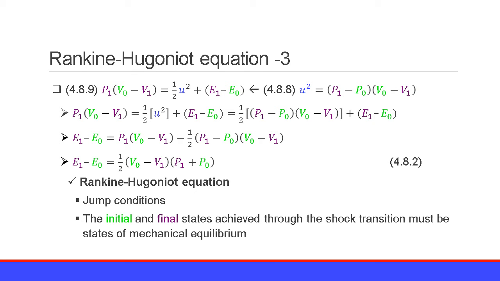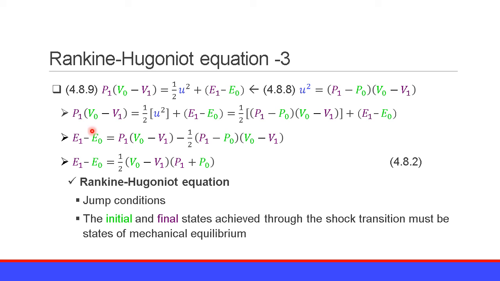We substitute equation 4.8.9, P1 times V0 minus V1 equals 1 over 2 u squared plus E1 minus E0, by equation 4.8.8, u squared equals P1 minus P0 times V0 minus V1.